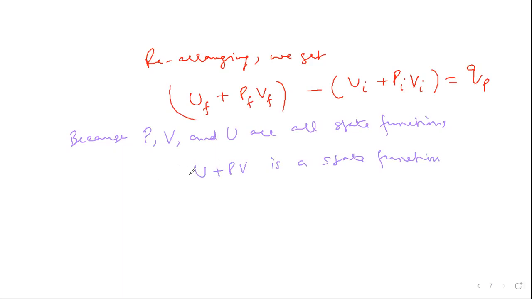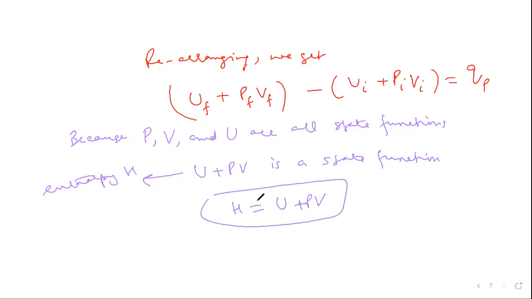Now this U plus PV is called enthalpy H, right? So enthalpy H is defined as U plus PV. This is the definition of enthalpy.